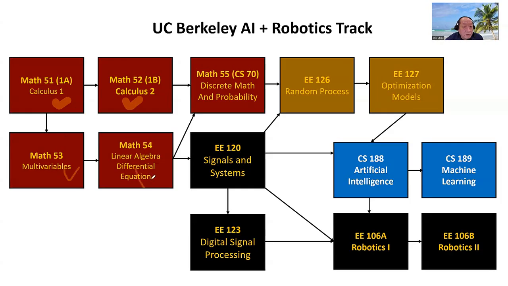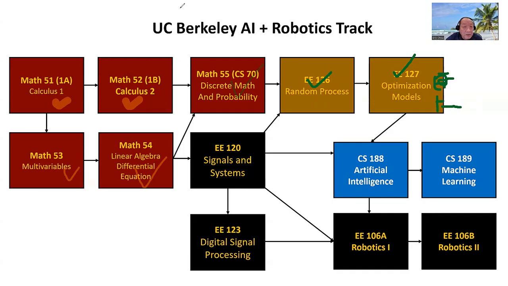And 53, 54, CS 70. Okay, and also EE 126 and 28, these two have to be picked from the free elective course.